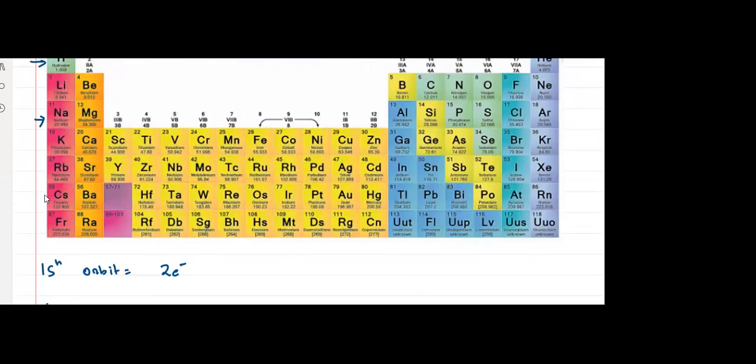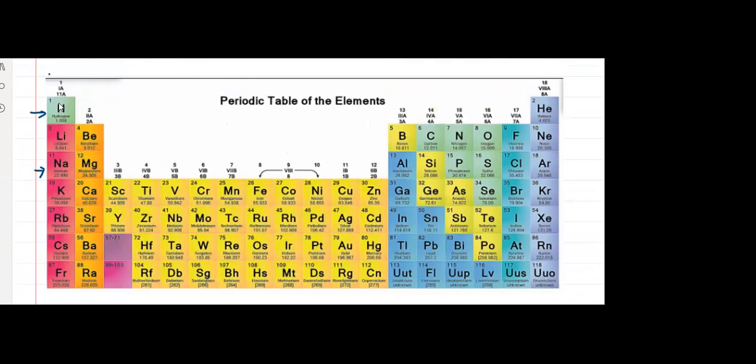Observe: hydrogen is 1s1, lithium is 2s1, sodium is 3s1. My bad, I said them wrong earlier.